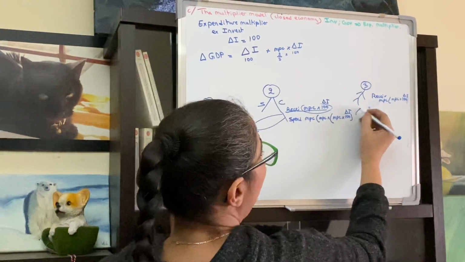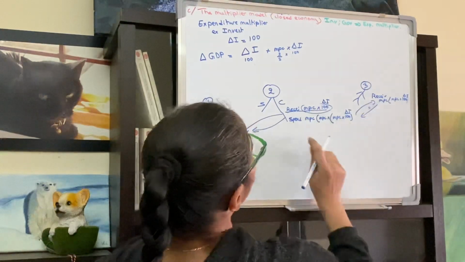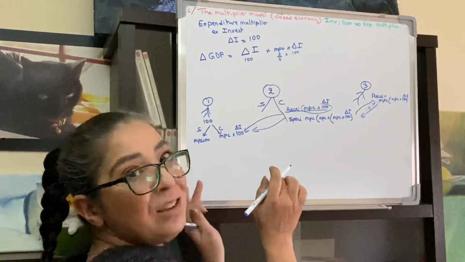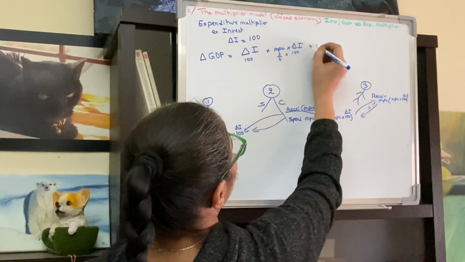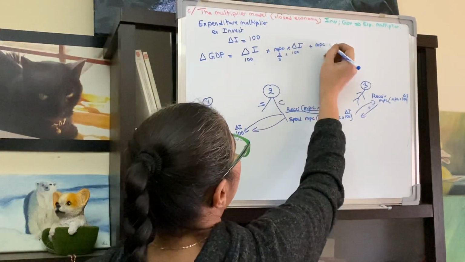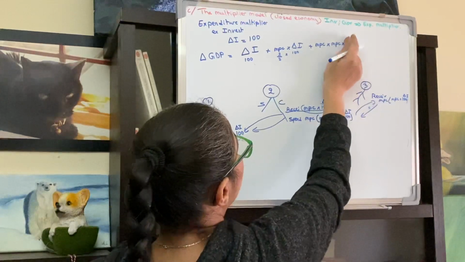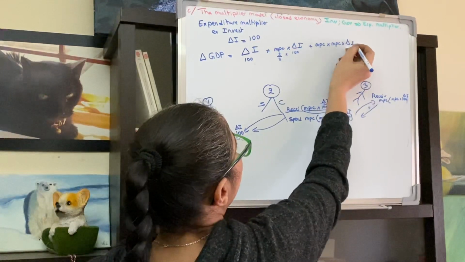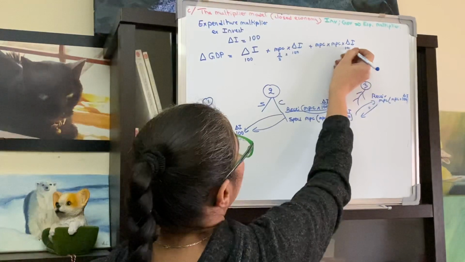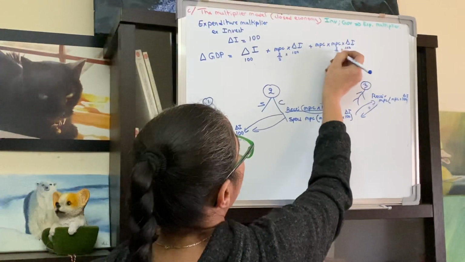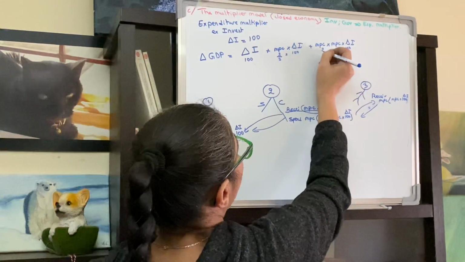Okay, so the transaction was made here. So I'm going to add it to the GDP. So here is going to be MPC times MPC times delta I, which is my 100 times 2 over 3 times 2 over 3.